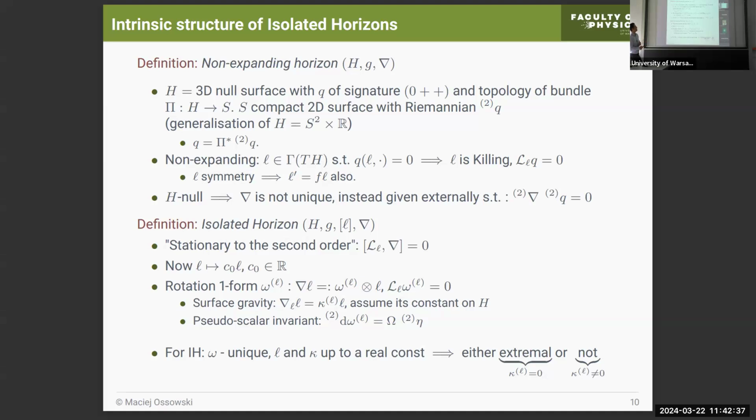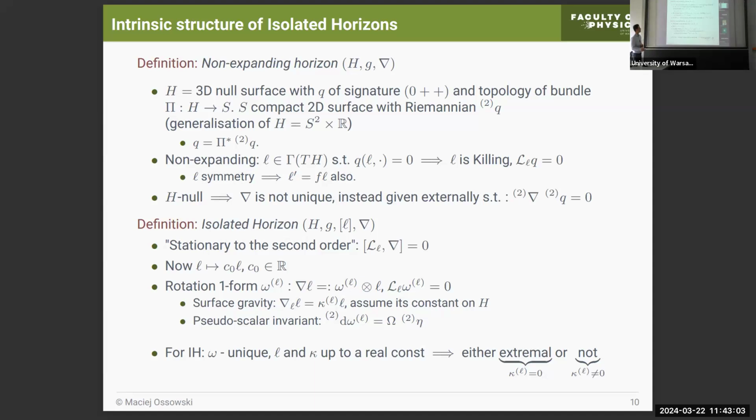So then this would give us this maybe standard definition. We require that any null field satisfying this condition is actually a Killing vector field of this q metric tensor, which justifies the name of non-expanding.